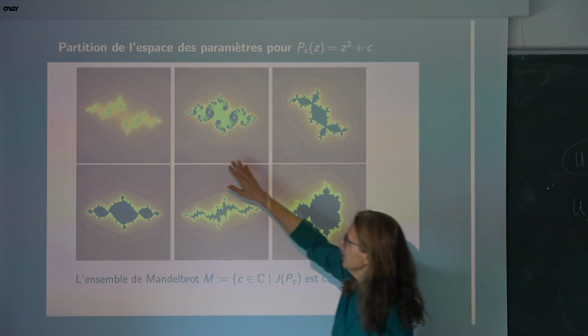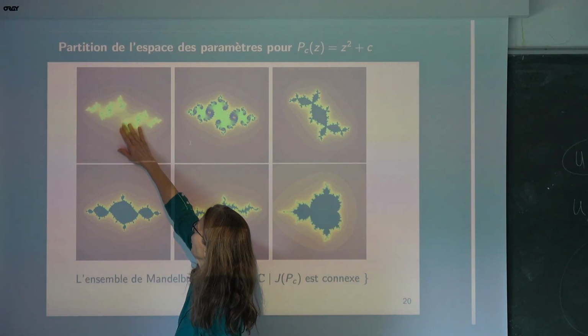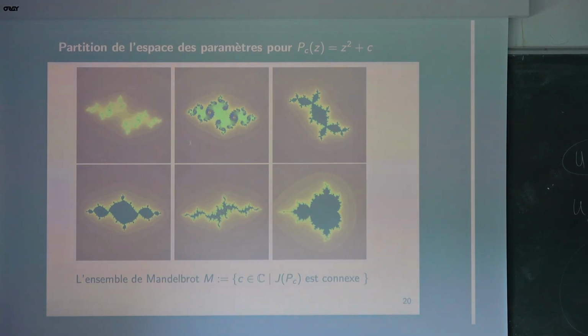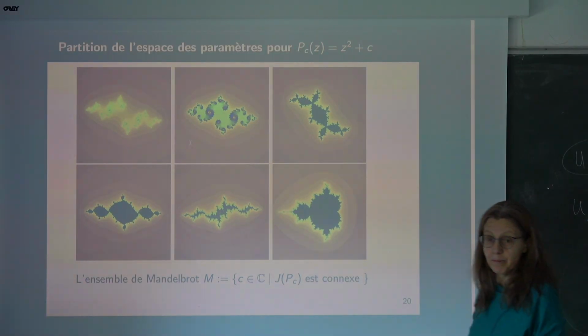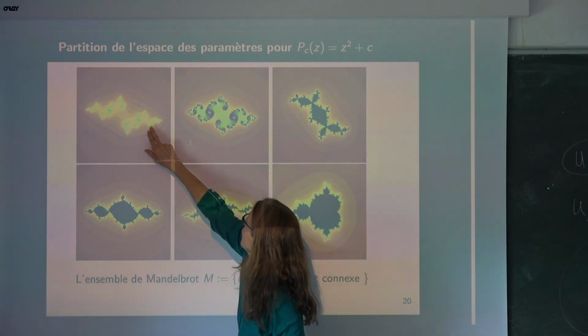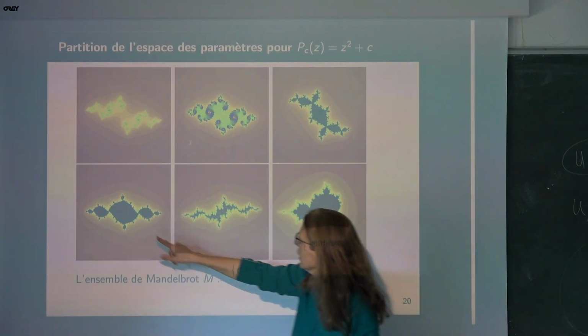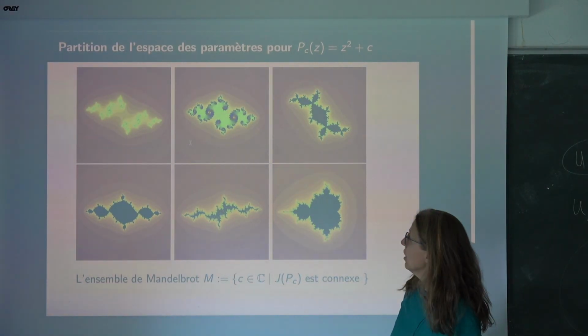And you can also see that the Julia set can be a Cantor set. It means that it's a totally disconnected compact set with no isolated points. Here is a Cantor set. Here it's connected, here it's connected, and here it's connected.